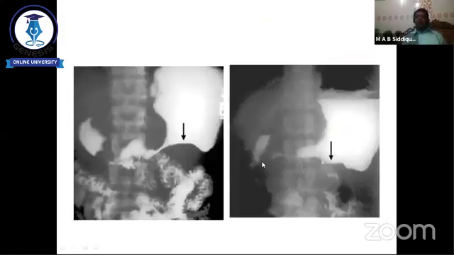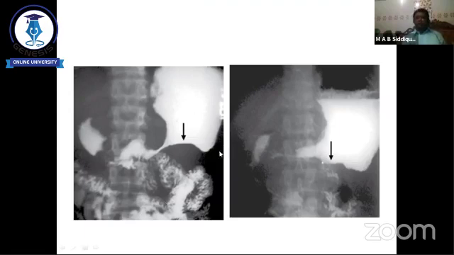And in another X-ray, if you see, the dye has already passed into the intestine. In this X-ray, this is the stomach, and the dye has passed. Actually, the X-ray is taken when the dye has passed into the intestine. That's why we see the dye already gone to the intestine.